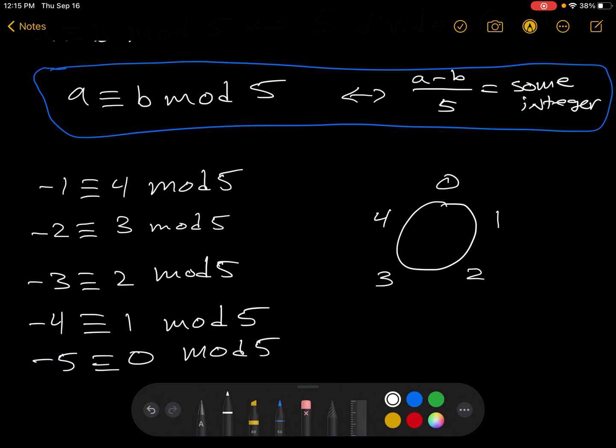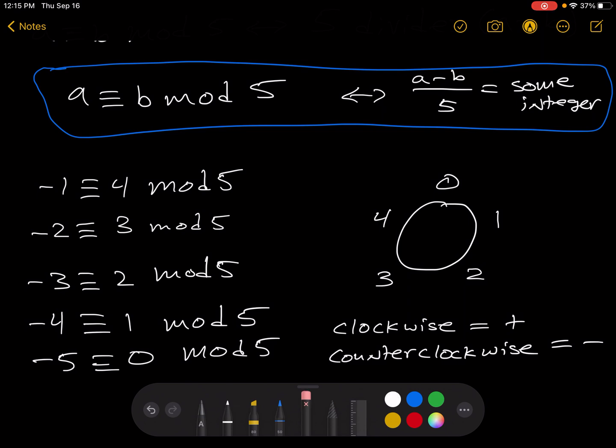Now remember, moving around the circle clockwise is moving into the positive. So this is positive. Counterclockwise is negative. So what I mean by this is, let's say we wanted to know what this is right here.